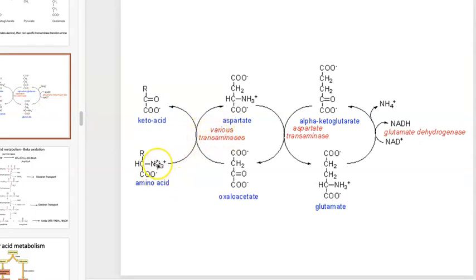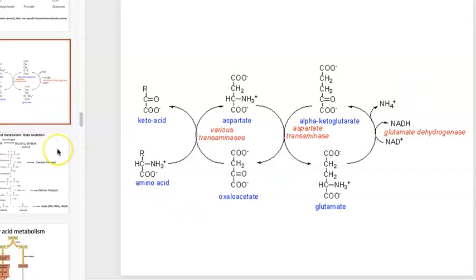And so the amino group gets pulled off, stuffed onto oxaloacetate. That allows you to make, for example, in this case, aspartate. The amino group from aspartate can be plucked off and put onto alpha-ketoglutarate to make glutamate. And then obviously the glutamate can be metabolized by using glutamate dehydrogenase, for example, to pull that amino group off there and make reducing power and so forth.